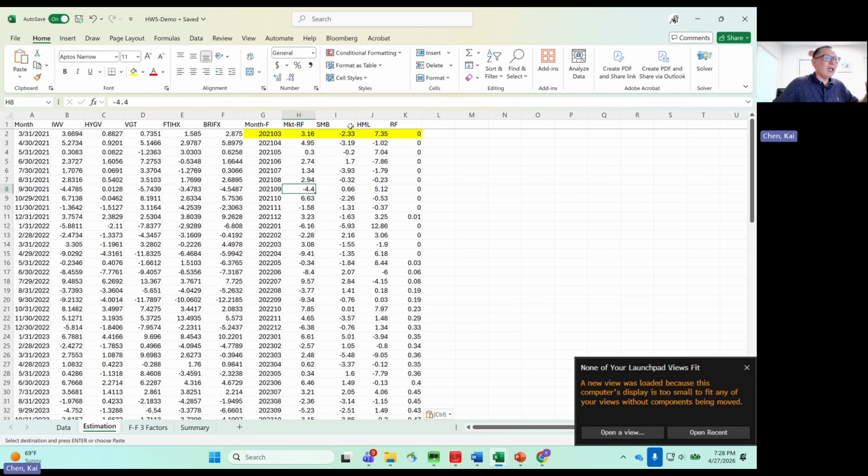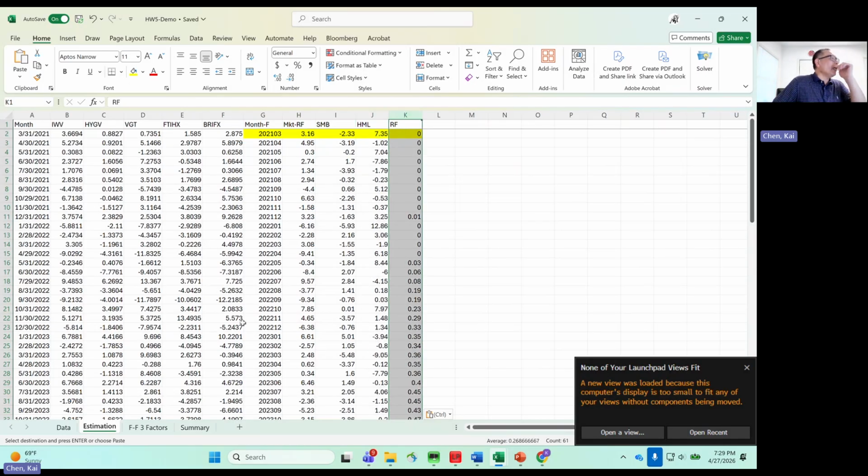Then we can observe the return on this portfolio, right? So this is SMB, this is HML, high minus low. That means high book to market ratio portfolio minus low book to market ratio portfolio, right? And this one is the risk-free rate.